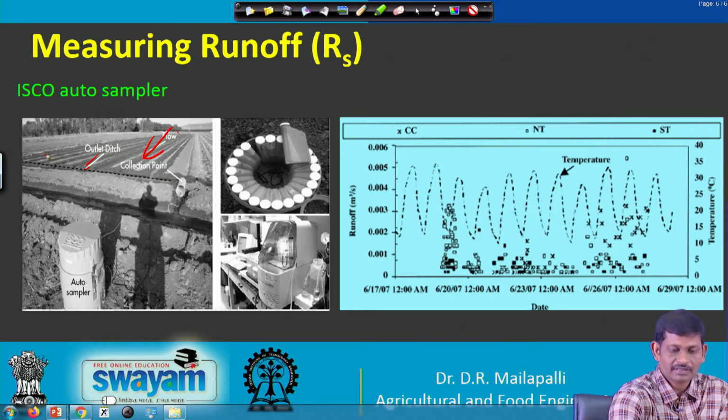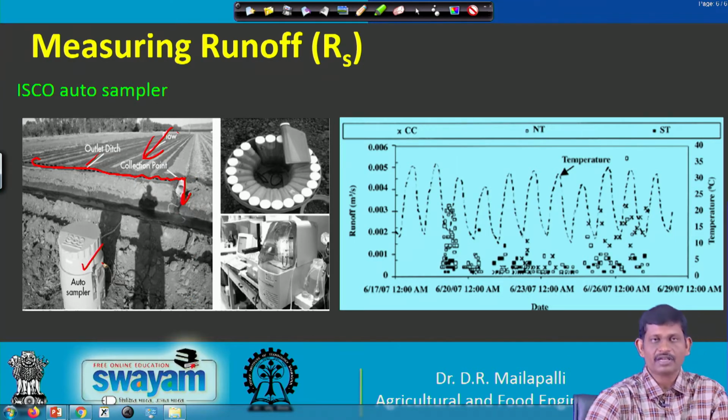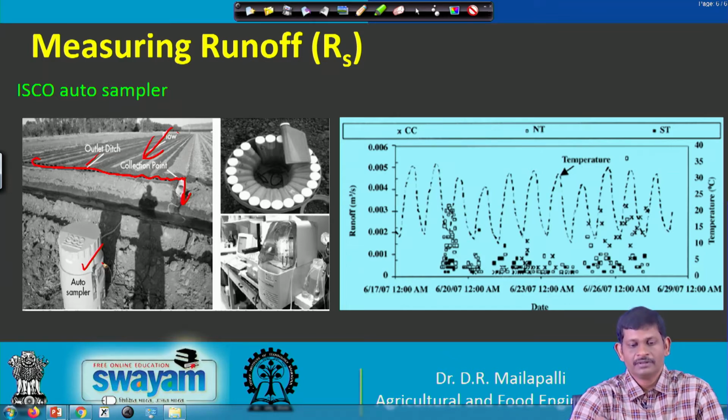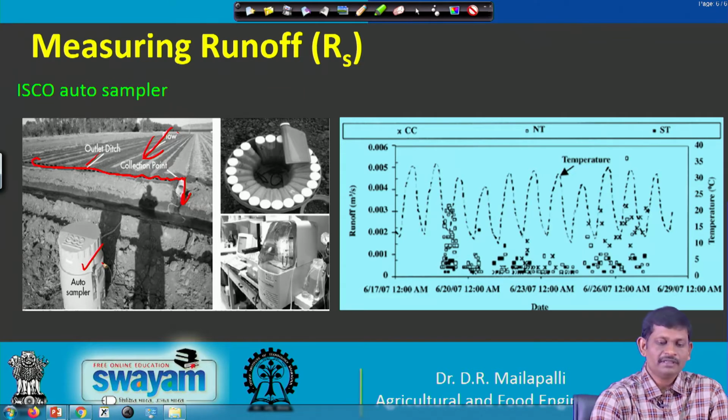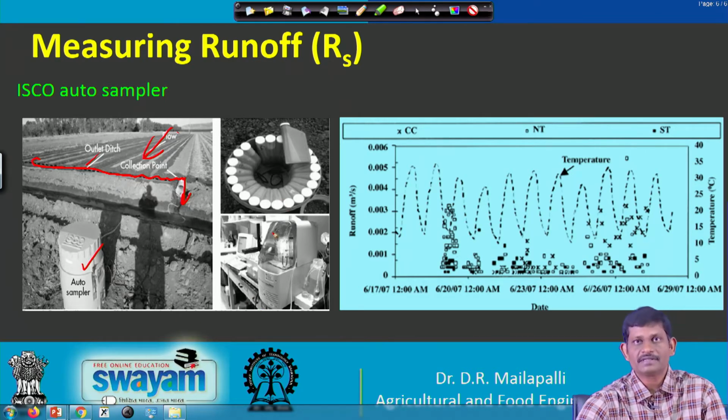The ditch will collect runoff from all furrows and throw it through a pipe, and from there the ISCO sampler is going to measure the flow velocity, and also, based on the programming instructions, it is going to collect either sequential sediment samples or composite sediment samples.